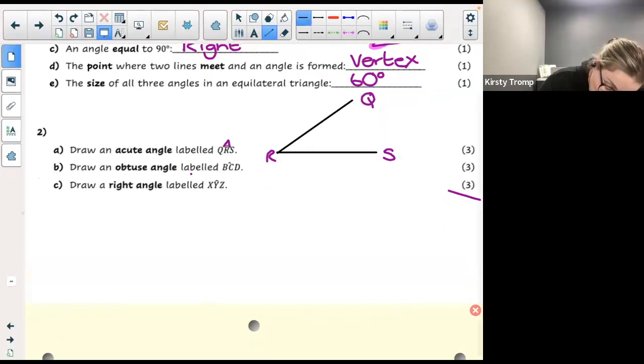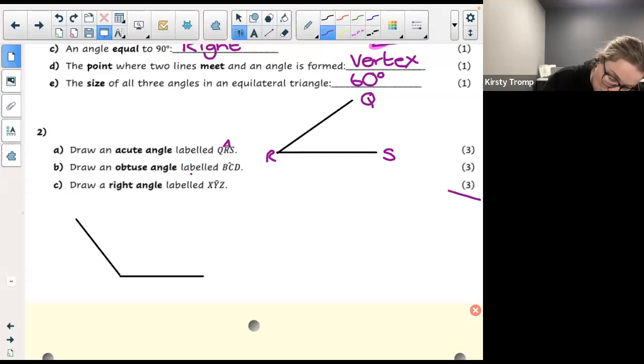So we're going to draw a line with our ruler. And we're going to draw an angle that is bigger than 90 degrees. And we're going to label this B, and where the vertex is, C and D.